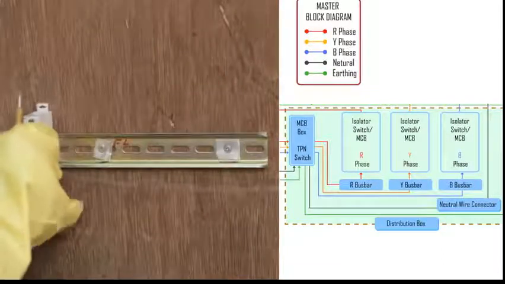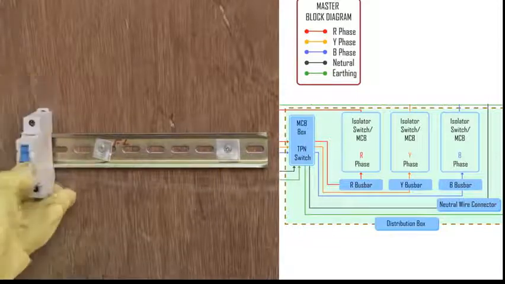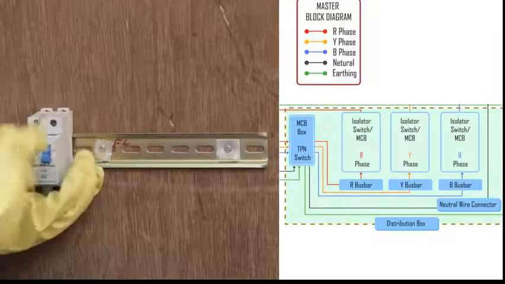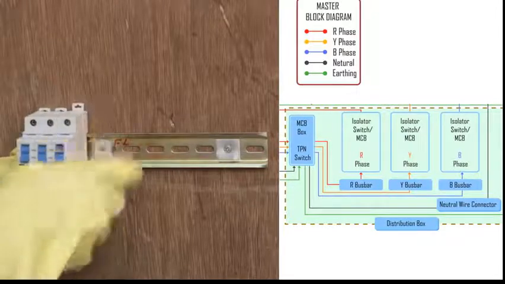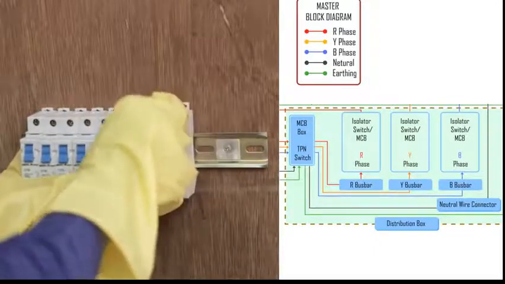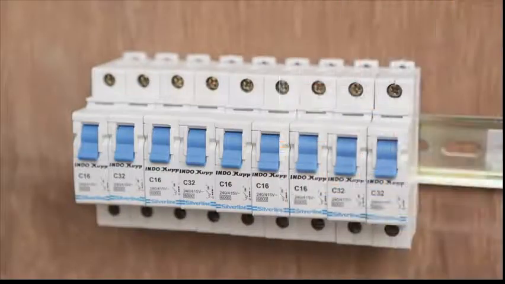After fixing the panel, fix all the MCB switches on it. Press the lock available on the MCB switch and lock it with the panel. Step 4.